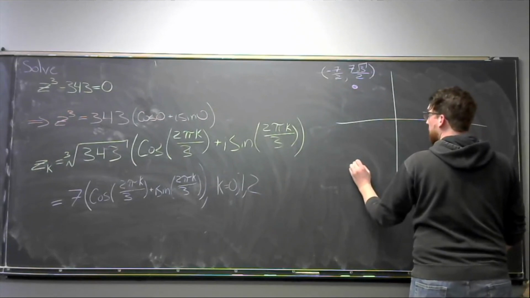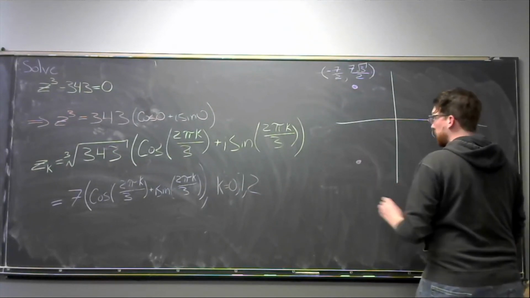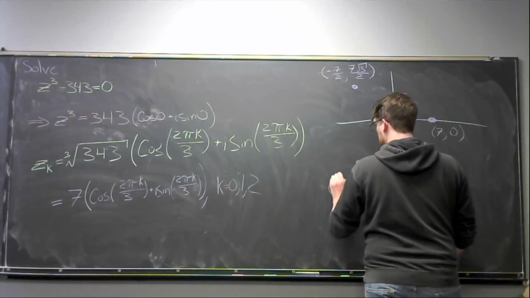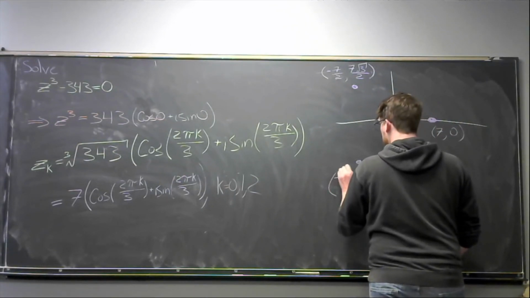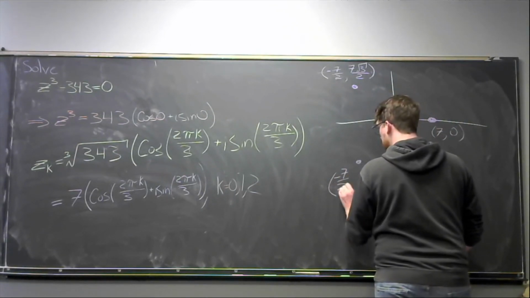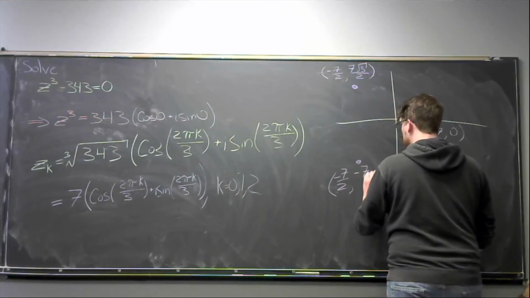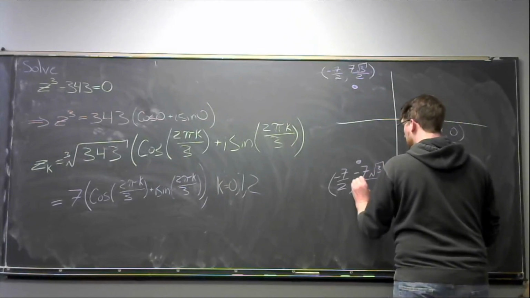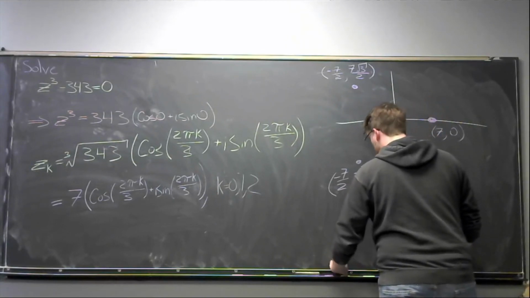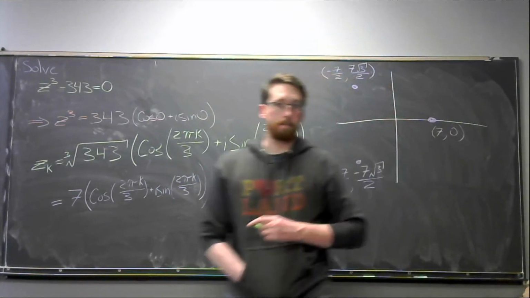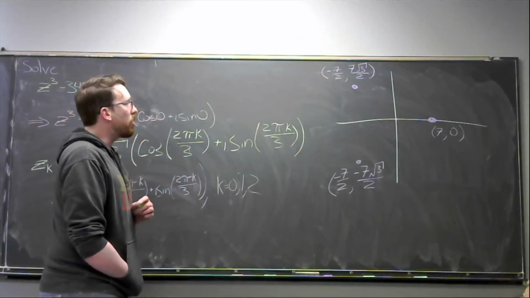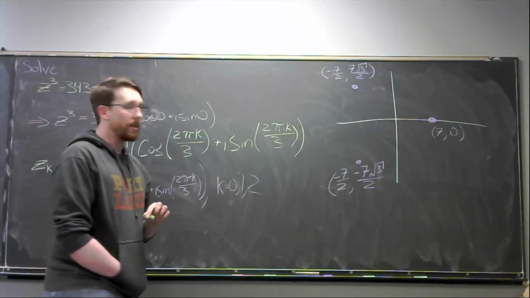My mistake, negative. And our final answer is right here: negative 7 over 2, comma, negative 7 times the square root of 3 over 2. Now something cool happens here. Imagine if we were to embed this inside of a circle of radius 7.